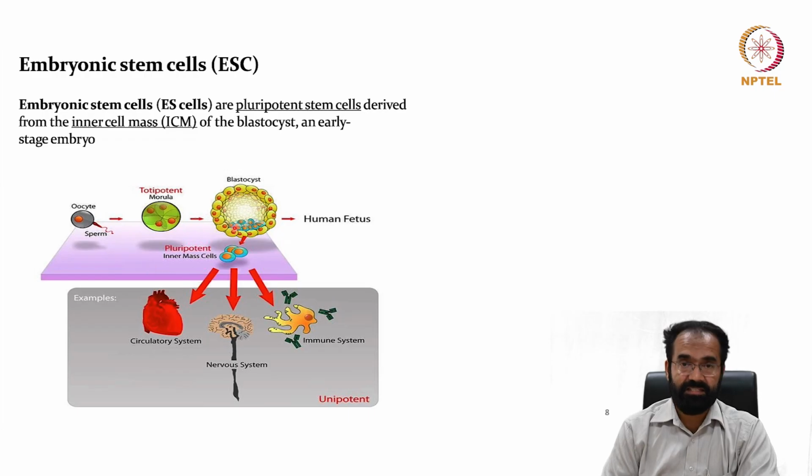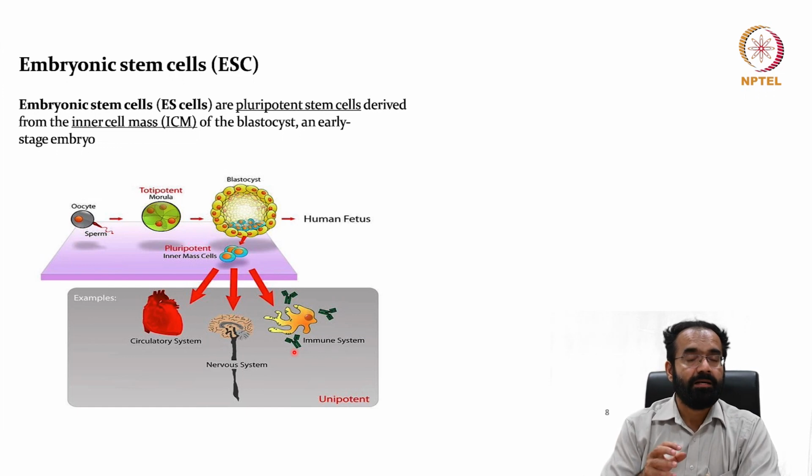So these cultured cells, when you allow them to differentiate, can give rise to unipotent stem cells also. Not that a pluripotent cell or embryonic stem cell always differentiates into a tissue. Sometimes they can differentiate into another tissue-specific stem cell also.